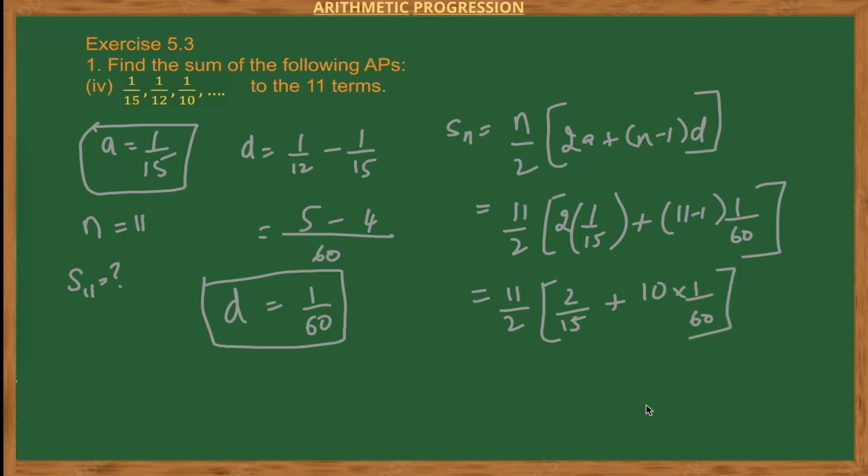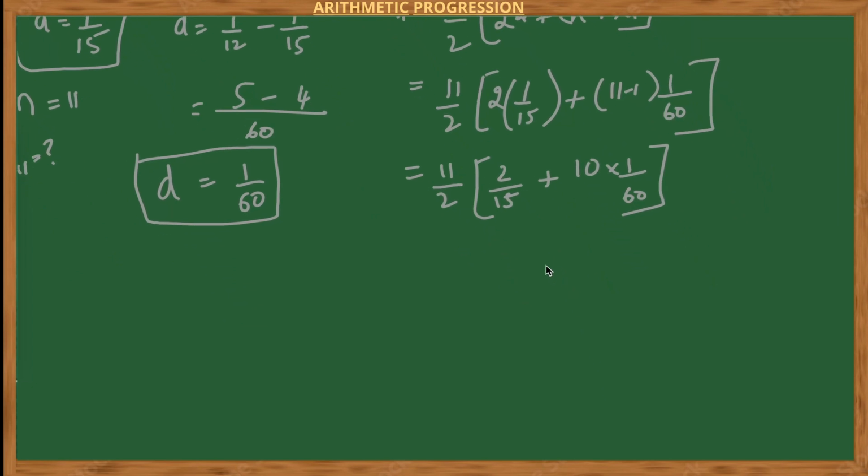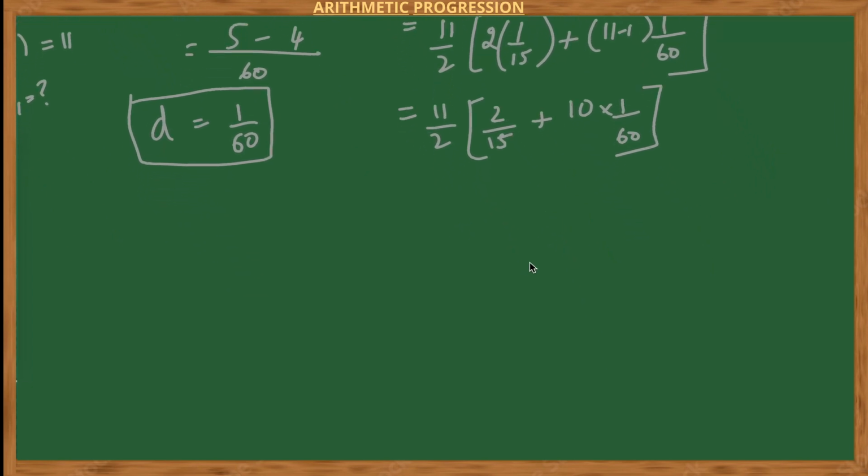Okay, so let's simplify further. So here we'll simplify. This goes 1 by 6, so it becomes 11 by 2. So either we can find the LCM here. So let's find the LCM of 15 and 6, the LCM will be 30.